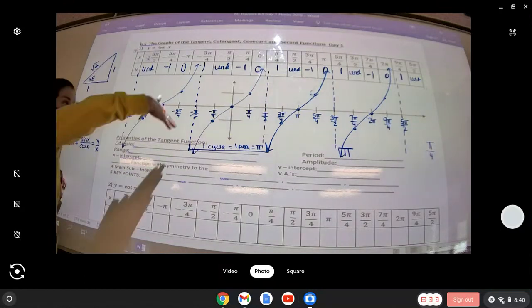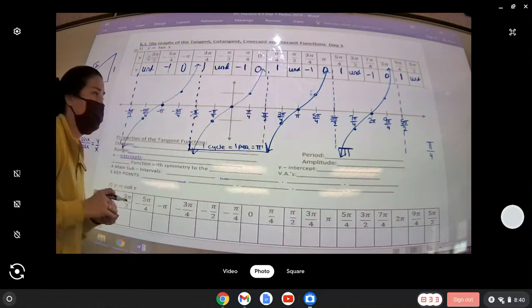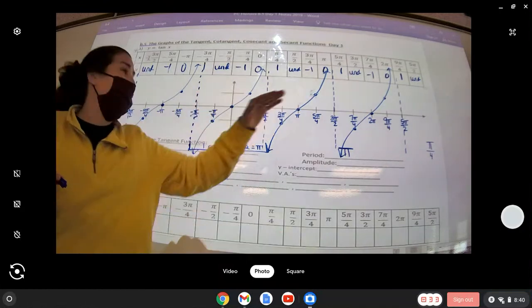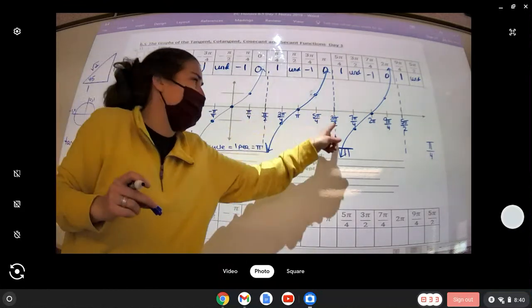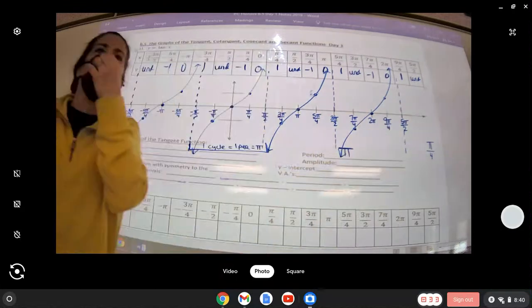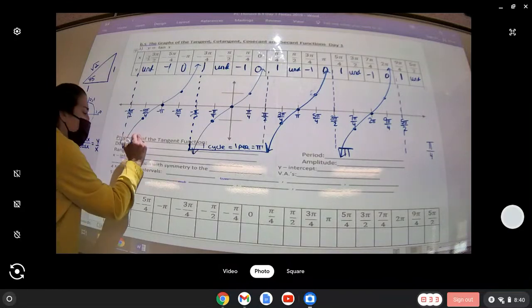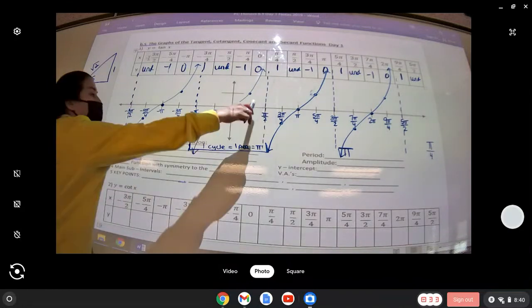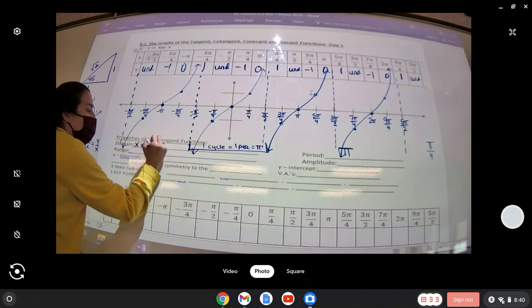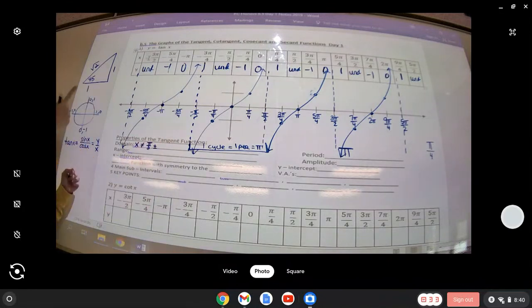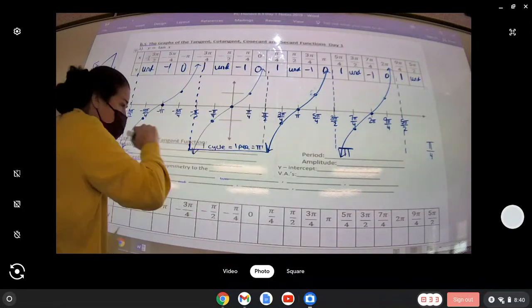All right, our domain. We have lots of angles that we don't want x to be. The first bad guy going right was pi over 2, and then 3 pi over 2, and then 5 pi over 2. So odd integer multiples of pi over 2 are bad guys. So we're going to say x cannot be pi over 2 plus or minus, because it could be positive or negative from there.